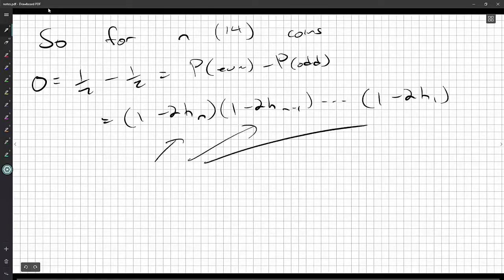And we just observe that at least one of these factors must be 0. Therefore, at least 1 hi is 1/2. So not only does this work for 14 coins, this works for any number of coins, and we sort of proved it with an induction.